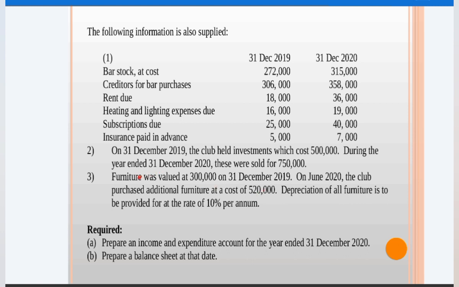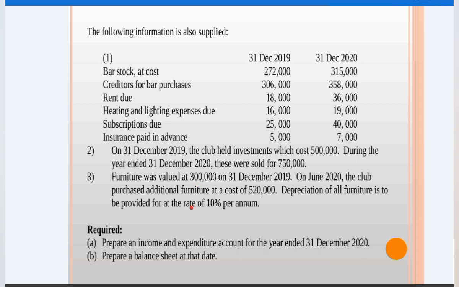So the starting furniture was 300,000, then there was an addition of 520,000 in the middle of the year. Then depreciation of all the furniture is to be provided at the rate of 10% per annum.